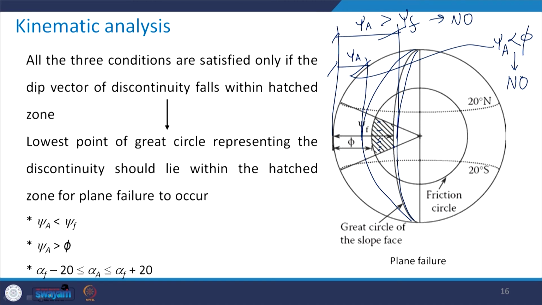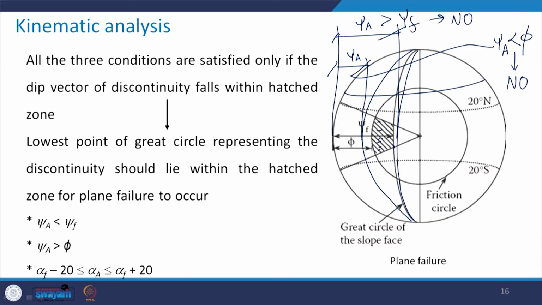Similarly, let us say the discontinuity is in such a manner that it is having a dip direction either here or here. Then in that case, this third condition will be violated, and again there will be no plane failure.